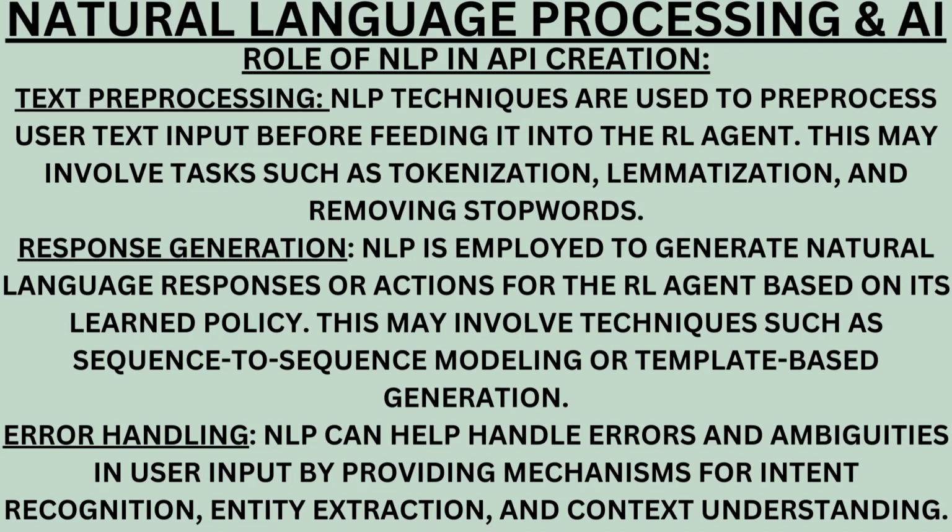This may involve techniques such as sequence-to-sequence modeling or template-based generation. Error handling. Natural language processing can help handle errors and ambiguities in user input by providing mechanisms for intent recognition, entity extraction, and context understanding.